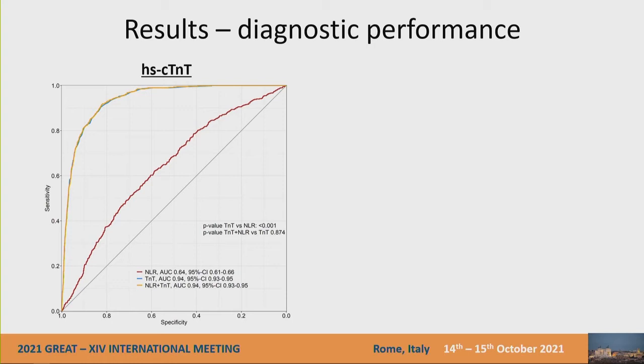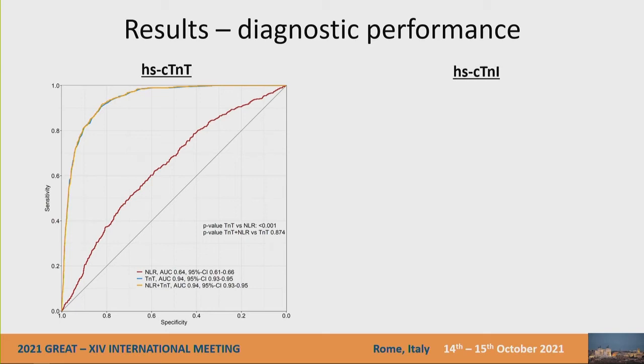And we can also see that it does not bring any additional or incremental value when we combine it with high-sensitive troponin T. The area under the curve remains the same. For high-sensitive troponin T alone, it's 0.94, and in combination with neutrophil lymphocyte ratio, it's still 0.94, which is also confirmed by the DeLong test with a non-significant p-value.